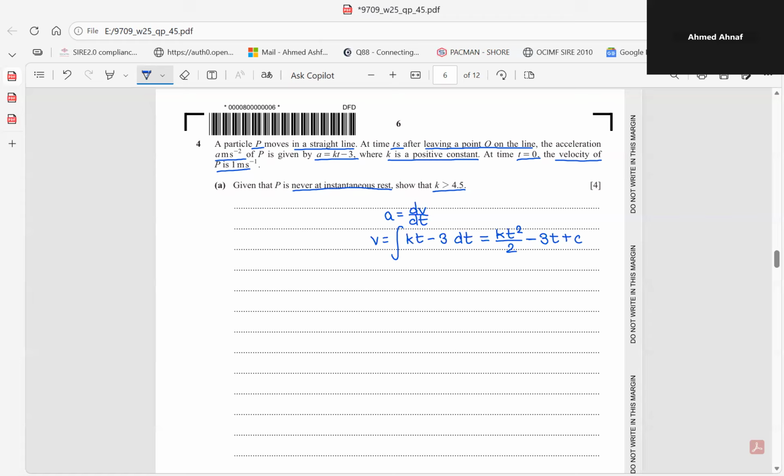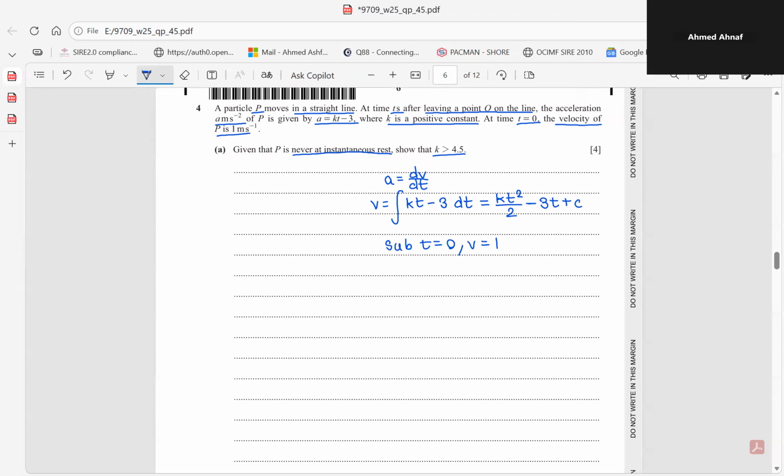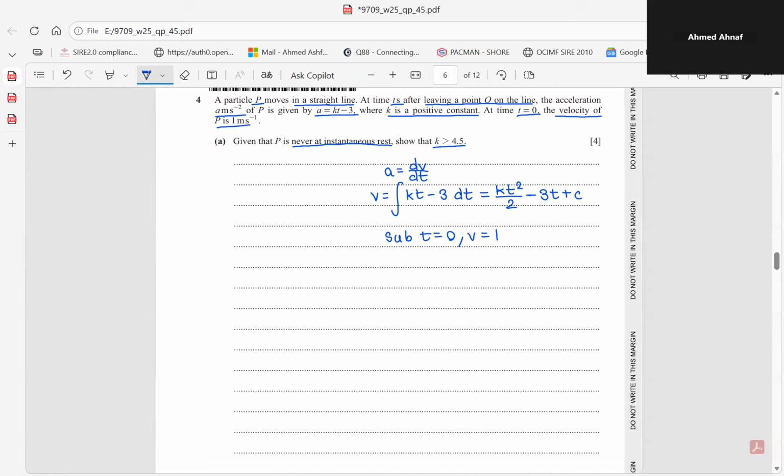All right. Let's just find the constant first. So let's just sub t equals to 0 and v equals to 1. So k 0 squared over 2 minus 3 times 0 plus c equals to 1.